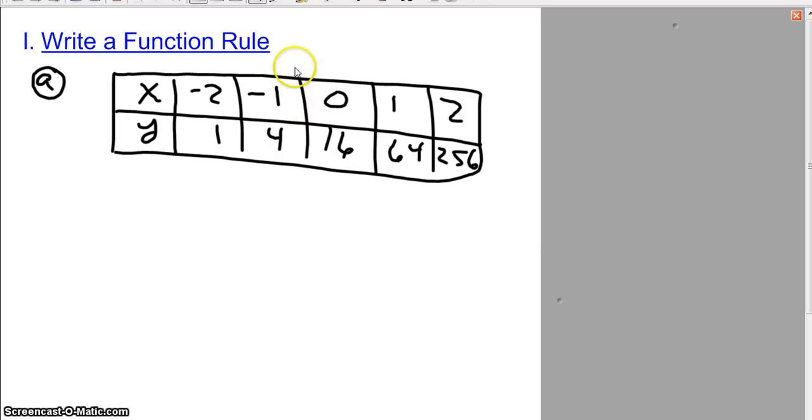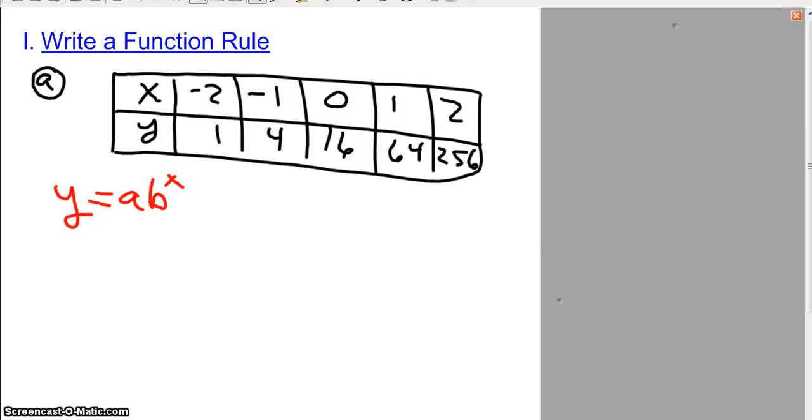Because the table is going to allow us to find A and B. So we start with our model. That's what we're writing. And we need to find A and B. Once we have those, X and Y can remain open to any possible ordered pair that works in the function.